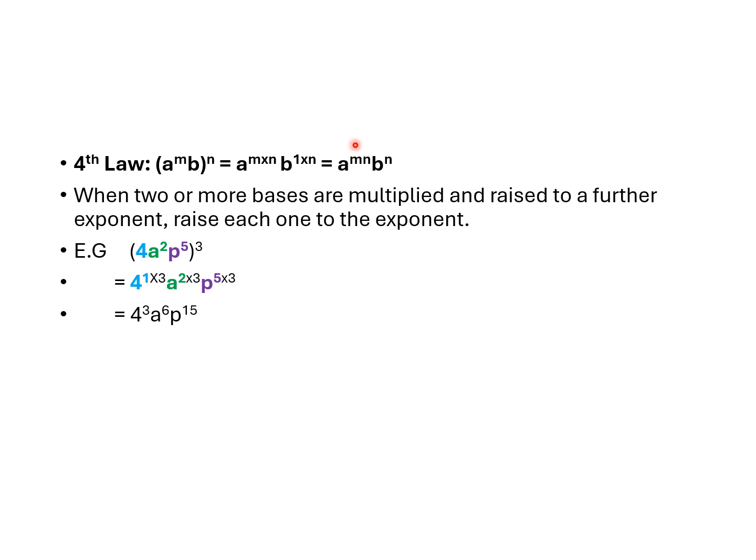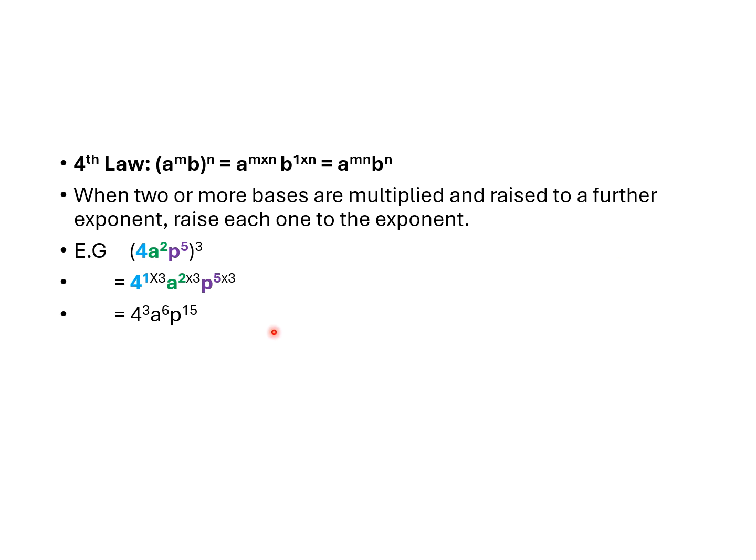The fourth law of exponents is simply when I have more than one base in a bracket. So I have a to the power m, p to the power l, and all this is raised to a further power n. Then we multiply, so m times n, and then l times n. And m times n is simply written as mn. Whenever we write two letters next to each other, it simply means multiplication. So when two or more bases are multiplied and raised to a further exponent, we write each one to the exponent.